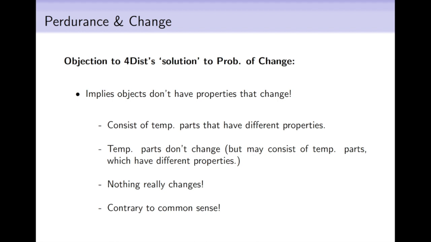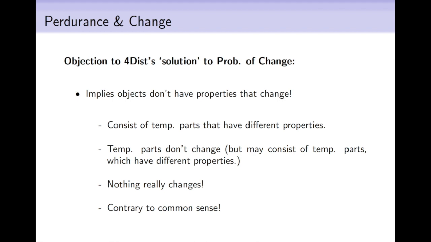One response to the proposed solution by the Perdurantist is that actually it doesn't give us genuine change of objects over time. Actually, you might argue that really this isn't a view that endorses change over time, but rather denies it. In particular, you might argue that the Perdurantist is simply denying that objects have properties that change, right?